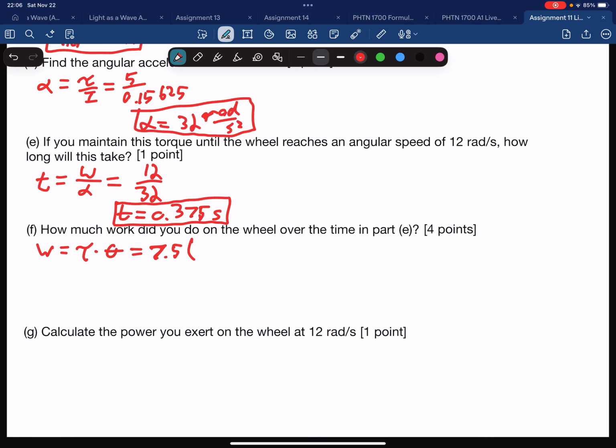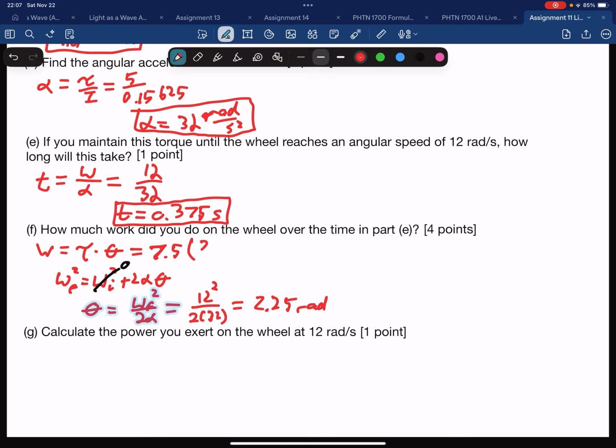I don't know theta yet, so I'm going to use this formula. Omega F squared equals omega I squared plus 2 alpha theta. Omega I is gone. Theta is equal to omega F squared over 2 alpha, which is equal to 12 squared over 2 times 32, which gives me about 2.25 radians.